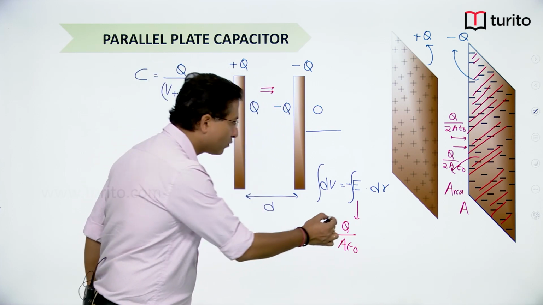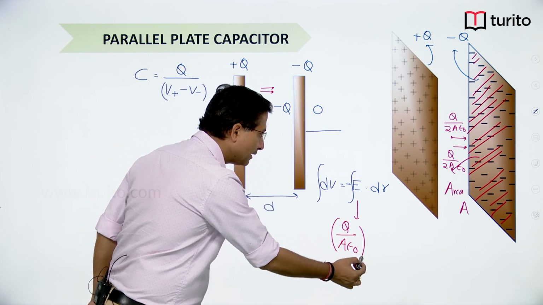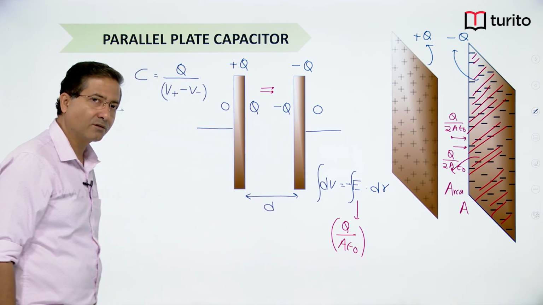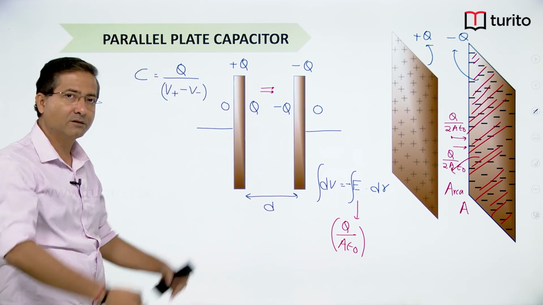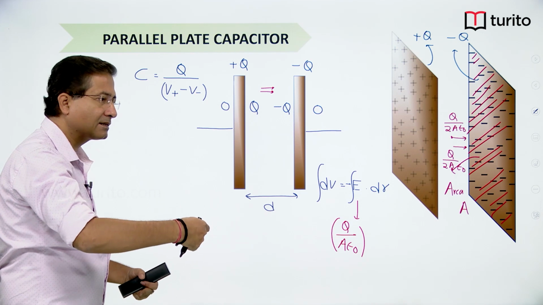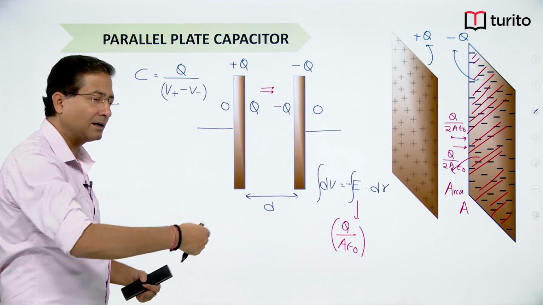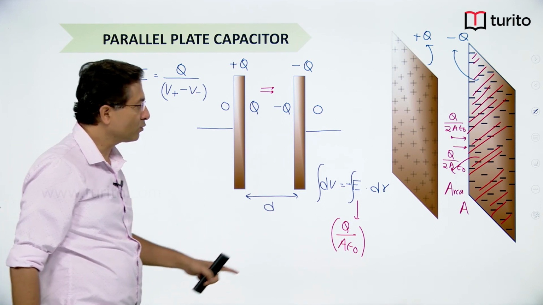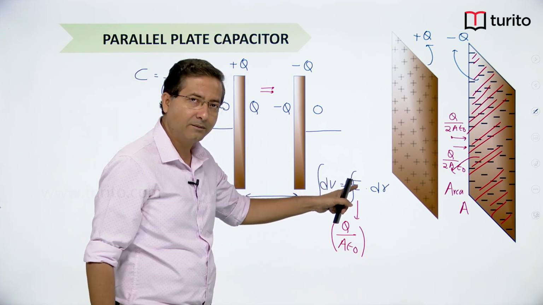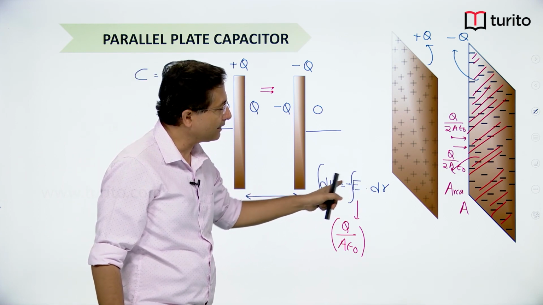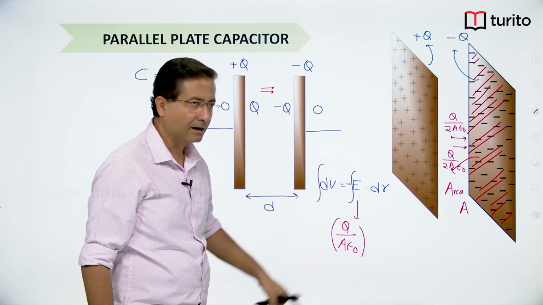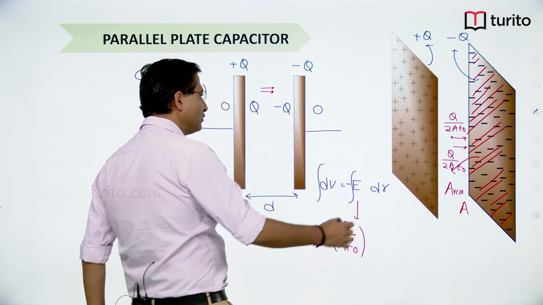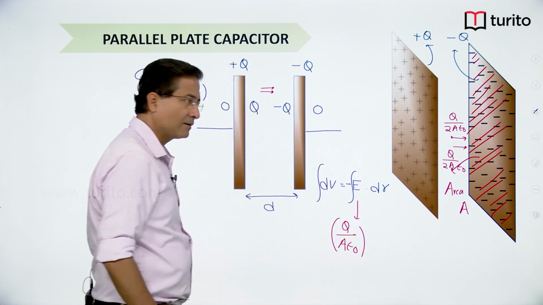You can see that this whole thing is constant. It is independent of the distance from the plate, because the plate is very large. From the plate at a distance of 2 centimeter or 3 centimeter, everywhere the field will be the same. So, because this field is the same, I can take this out and I need to integrate dr, how much distance you are covering when moving from the positive plate to the negative plate.